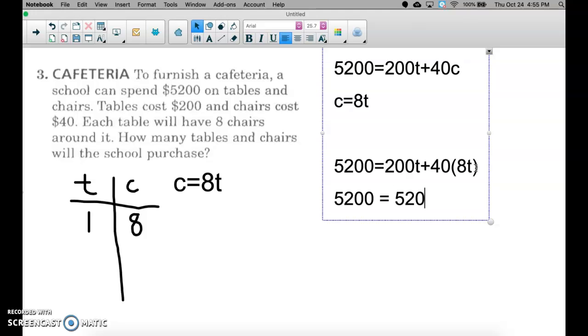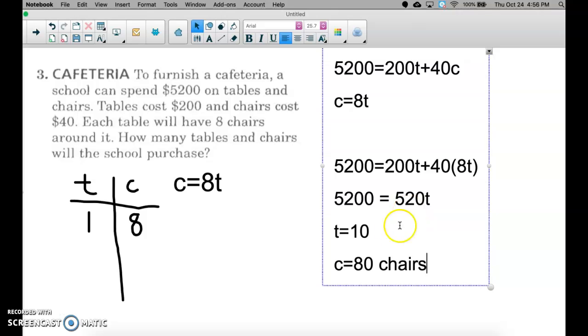So it's going to be 520t total. Divide both sides by that, you're going to end up getting t equals 10. Once you have that information, plug it back in. Always plug it into the easiest equation. Make it easier on yourself. Work smarter, not harder. So if we have 10 tables, we're going to have 80 chairs.